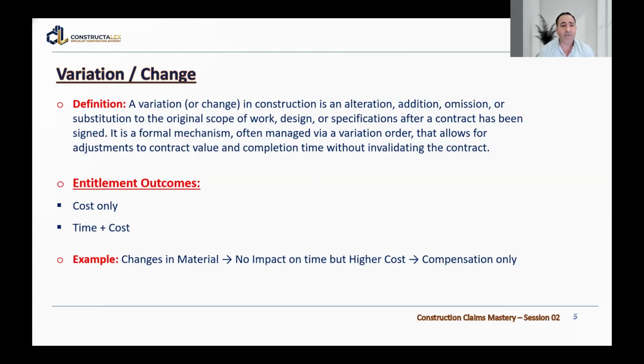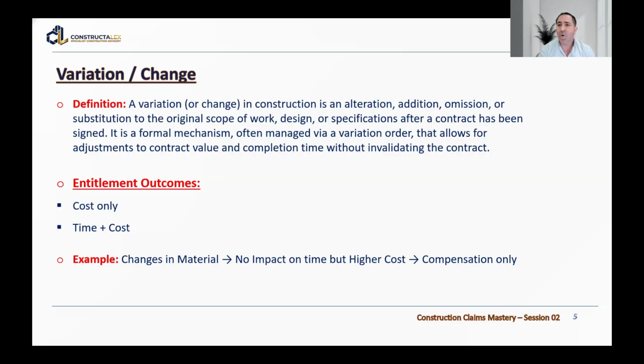The entitlement outcome for this type of claim is either cost only or time plus cost. The reason is that some changes or variations impact only cost. For example, if I have a change in the material from material X to material Y, but both can be delivered and installed without affecting the project completion date, the contractor cannot prove that these changes impact the time.